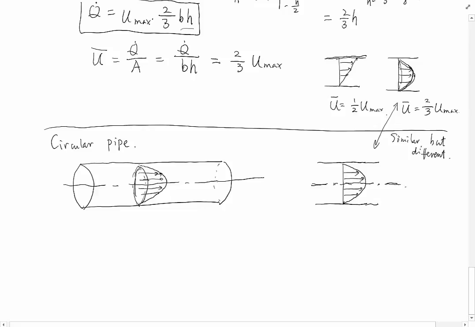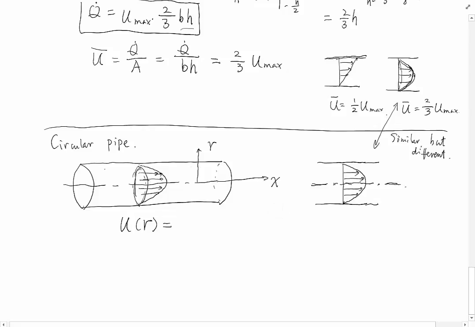In this case, we can give you the velocity profile. Now the velocity is going to be a function of r. So this is still x, but this is r.